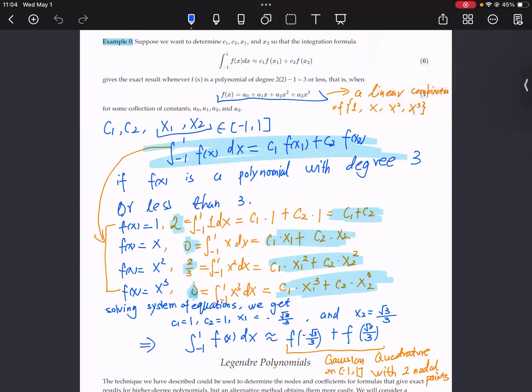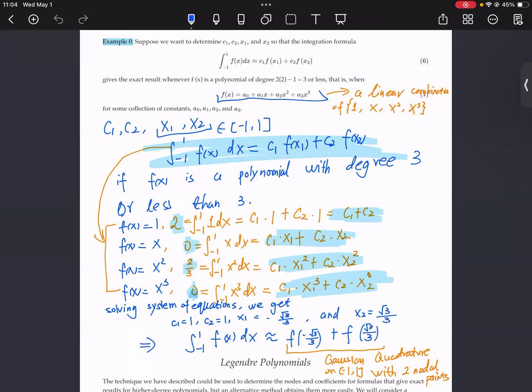We mentioned that the Gaussian quadrature rule is used to achieve the highest degree of precision. If we have n nodal points, the highest degree of precision we can get is 2n minus 1. We create the first Gaussian quadrature rule by substituting the functions f(x) equals 1, f(x) equals x, x squared and x cubed here.